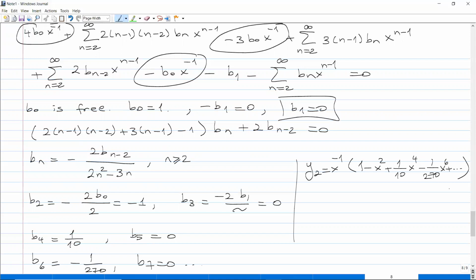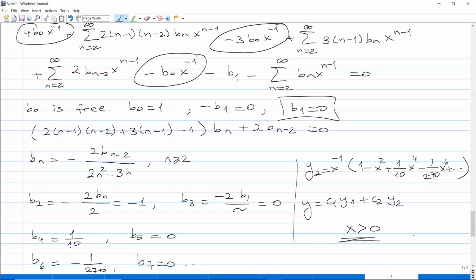So some power series times x to the power minus 1, and now the general solution, C1 y1 plus C2 y2. And remember, this is on the interval x greater than 0. For x less than 0, you can work it out similarly. The lines are going to be the same, just replace x with minus x, that's all.